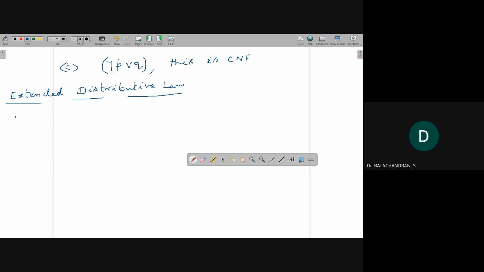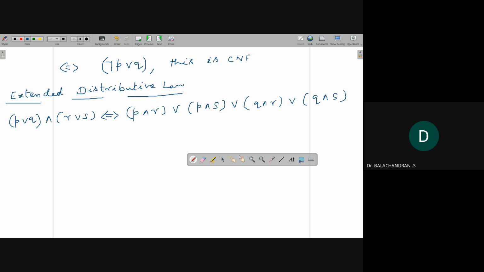Actually, the extended distributive law is P or Q and R or S, which is equivalent to P and R, or P and S, or Q and R, or Q and S. So this is the extended distributive law.